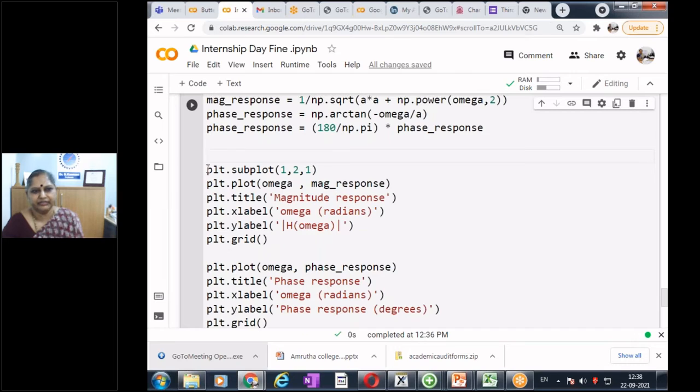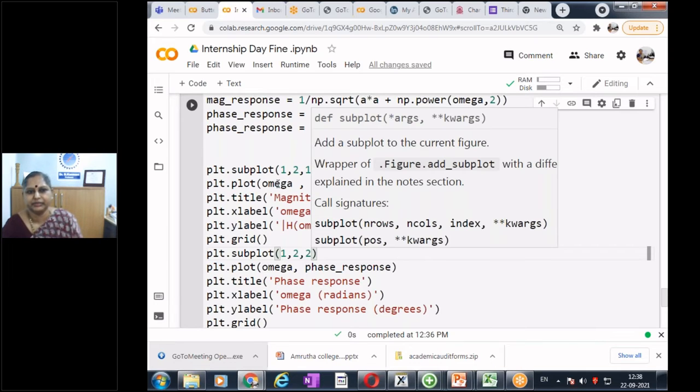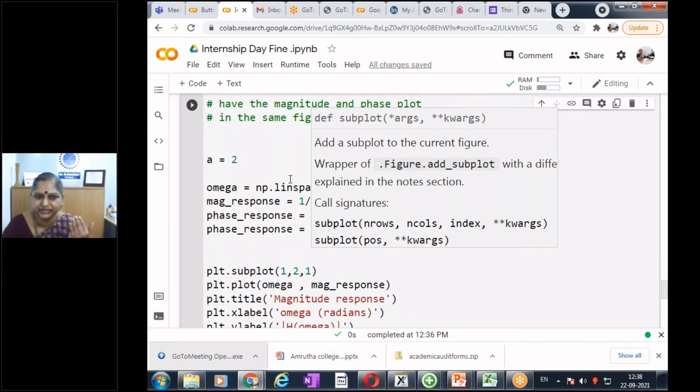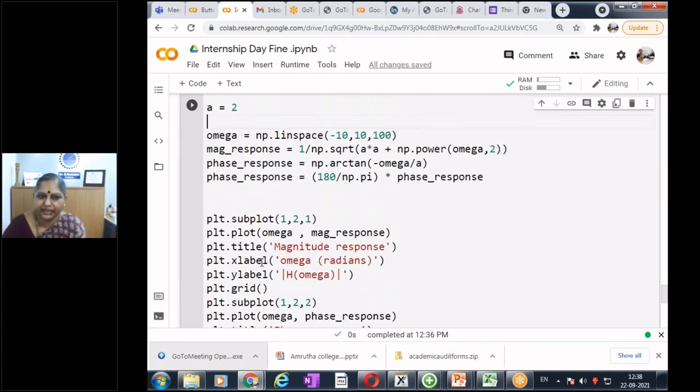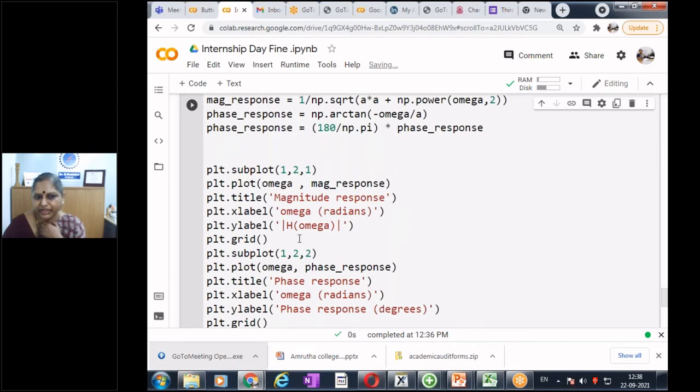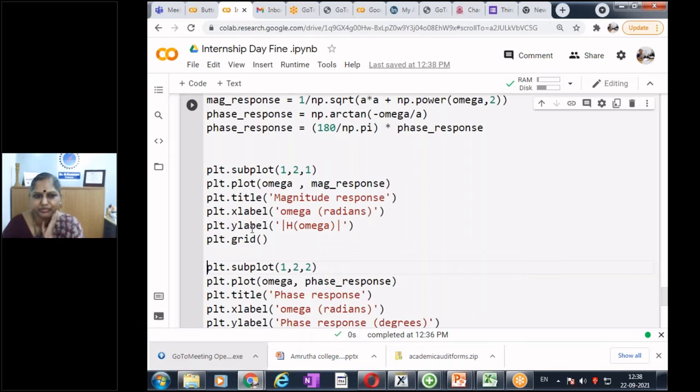This is my subplot 1, the other plot is plt.subplot(1, 2, 2). I just got the lines from the earlier cells. I have omega, magnitude response, phase response, and I am plotting the magnitude plot in one subplot and the phase plot in the other.